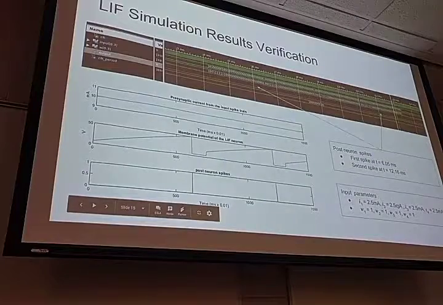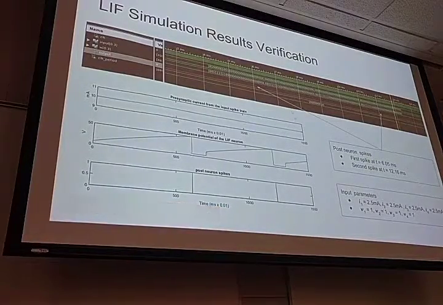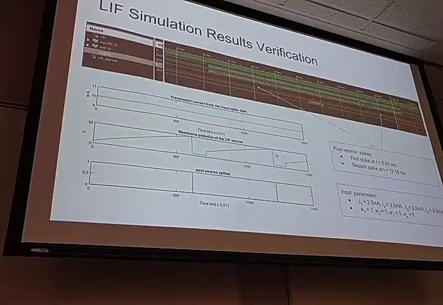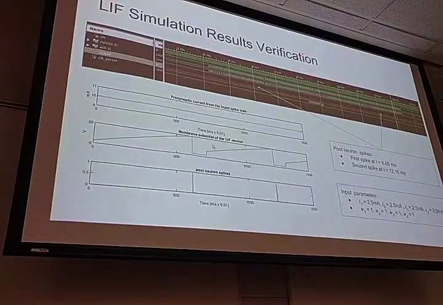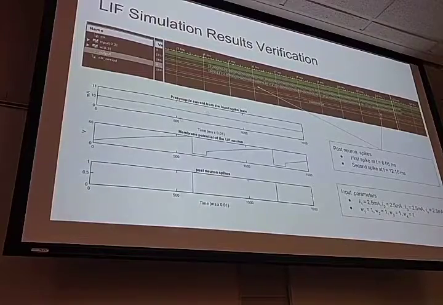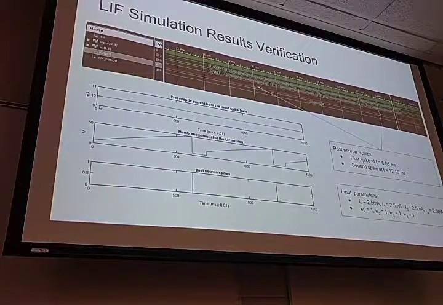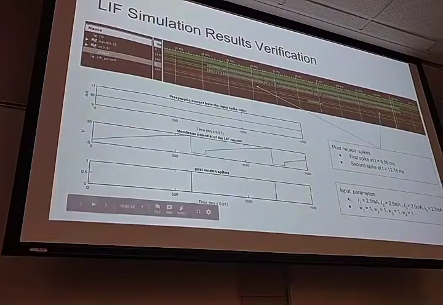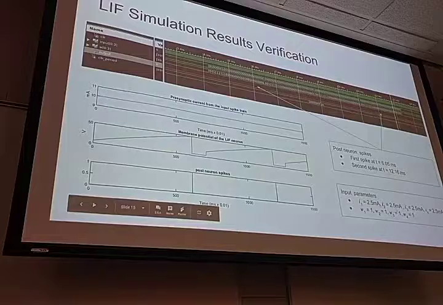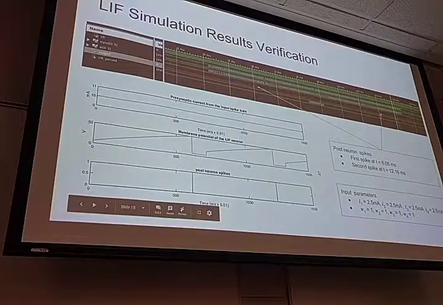For a clearer picture, we did a comparison with our MATLAB implementation. We generated these graphs using exactly the same model parameters and the same approximation. Now you can see for the MATLAB LIF implementation, we provide a 10 milliampere input current, which is the same as the summation of all four of these input currents from 4 synapses.